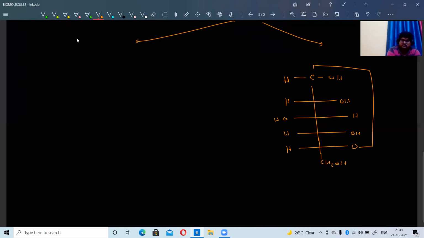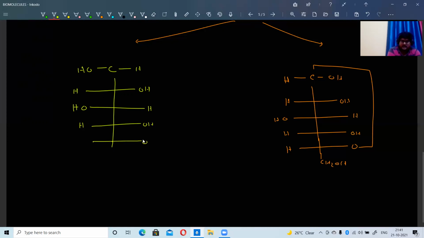CH2OH. Now sp2, so another possibility is there. H, a similar structure, the other stuff is basically similar. OH, H, and the other case is the attack like this way.